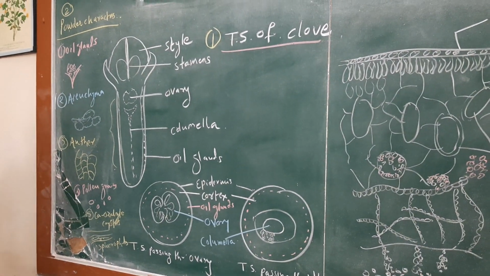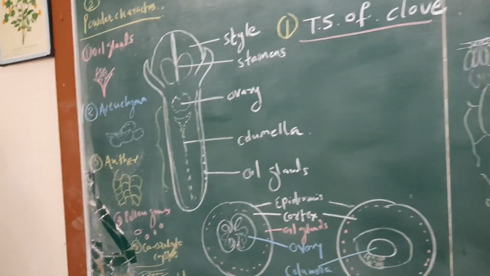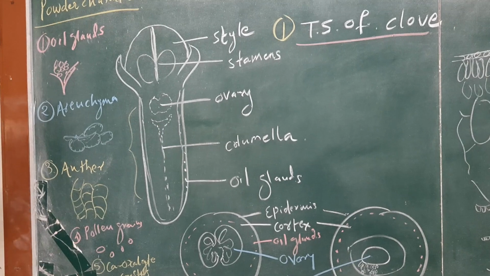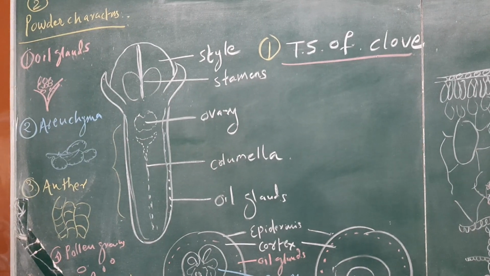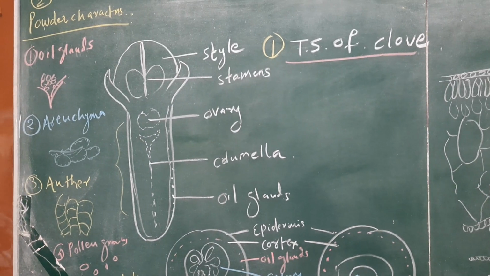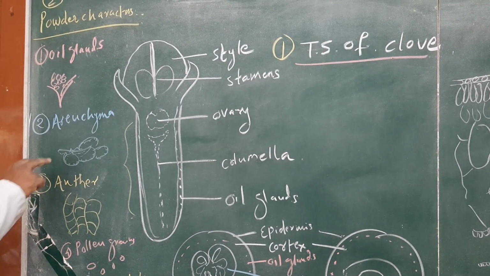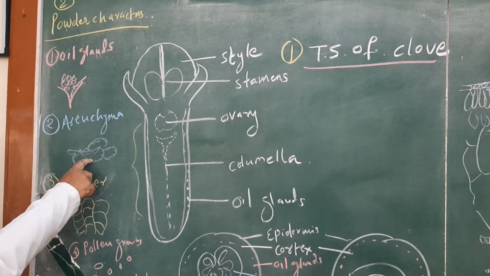First one is oil glands. Oil glands are important; these are ovoid and schizogenous and found in all parts of the drug. Next is parenchyma, again very important. This is a portion of loose parenchyma with air spaces.